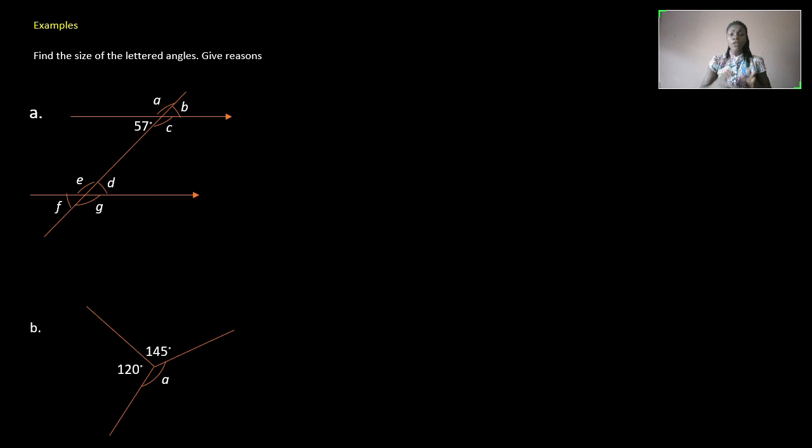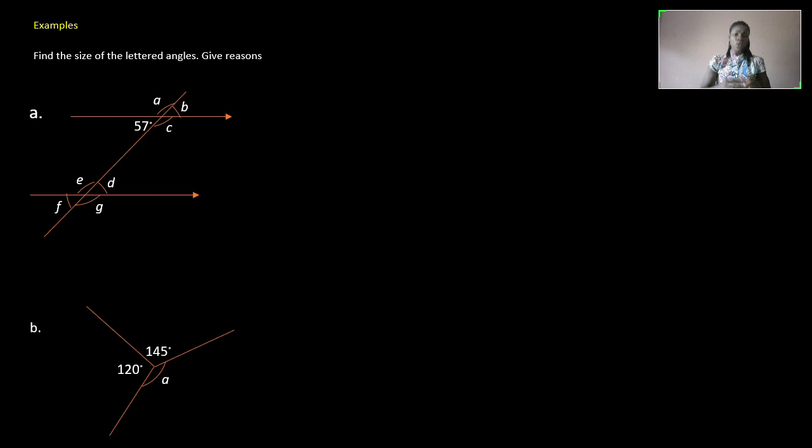So we are to use that angle 57 to find the other unknown angles. Here we can decide to find angle A first. We can decide to find angle B first. We can decide to find angle C first. We can equally decide to find angle F first.